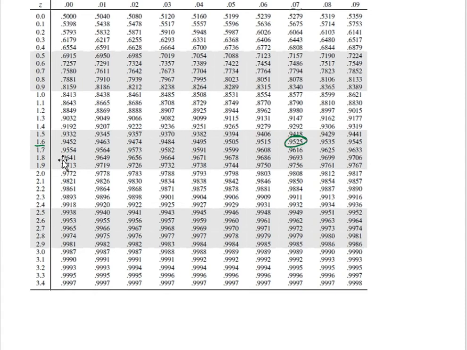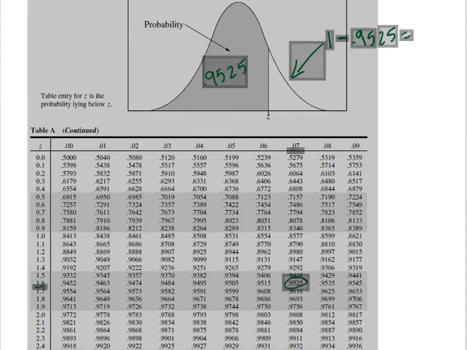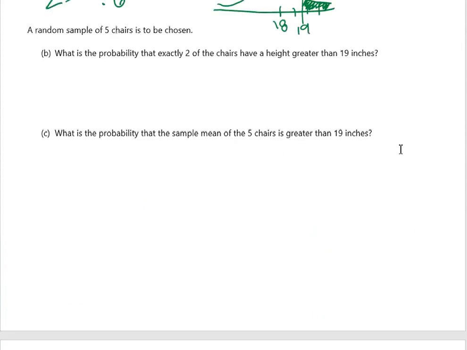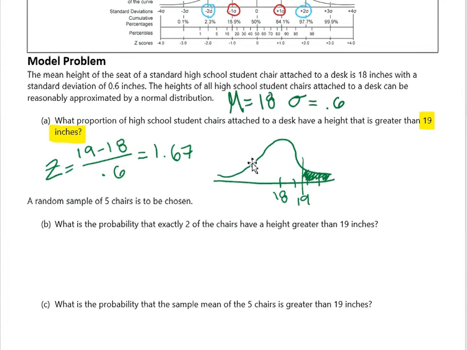So if this is 0.9525, then this is going to be 1 minus 0.9525, which is going to give me a probability in my example of 0.0475, not 8. Okay.